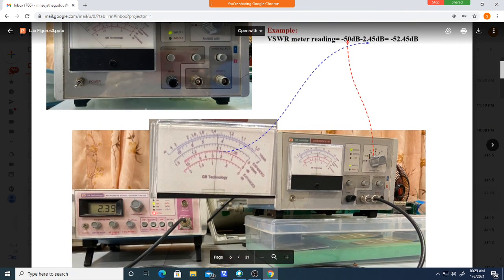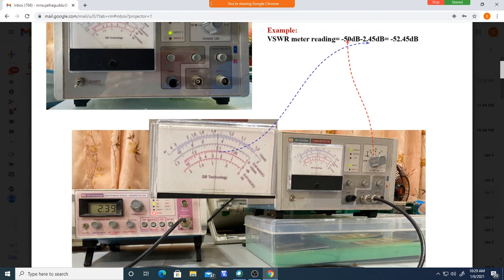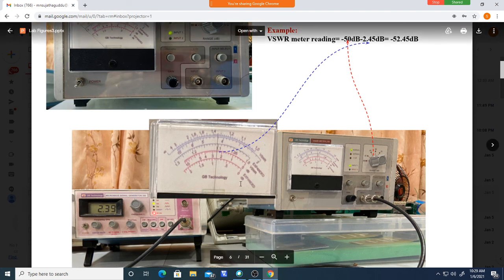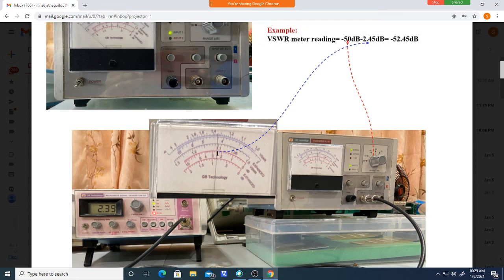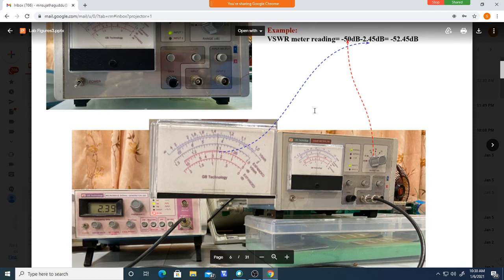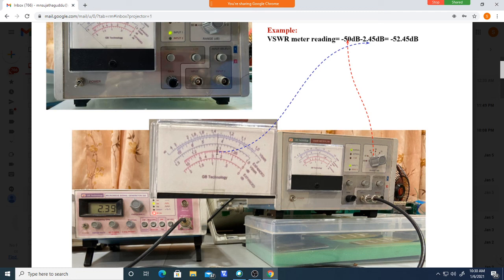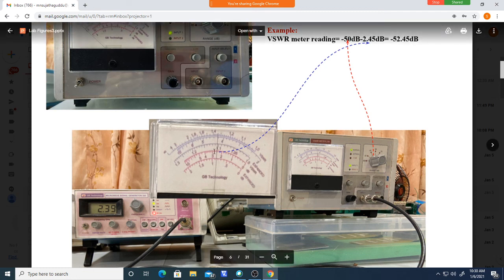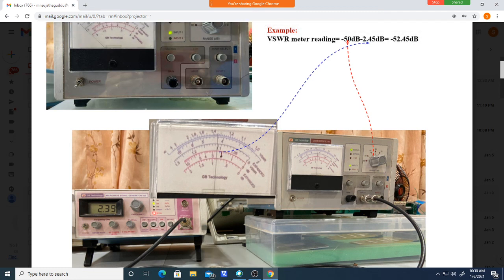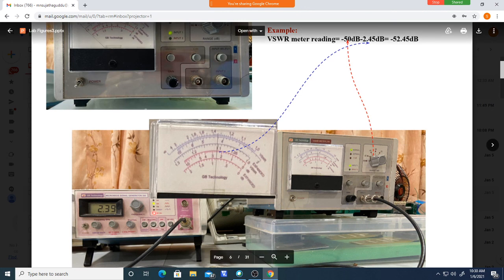I set the range at 50 dB here, and the needle is between 2 and 3, at 2.45, not exactly at 5. So the reading is 2.45 on this scale.